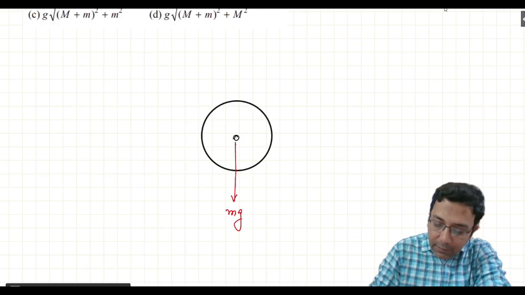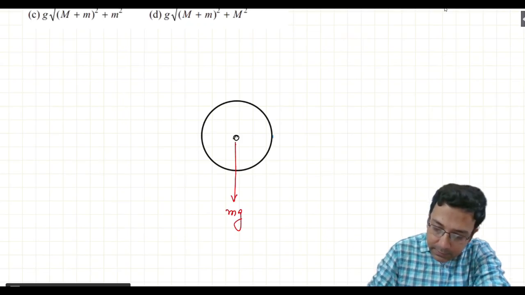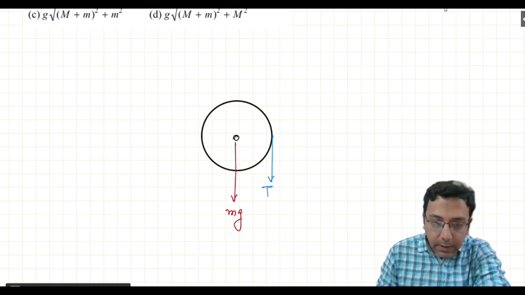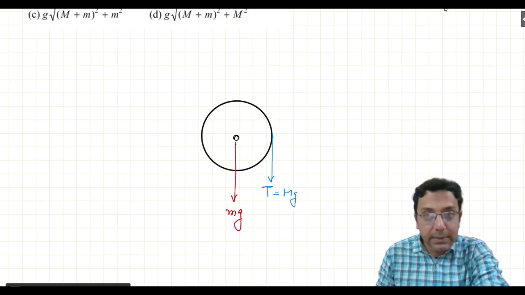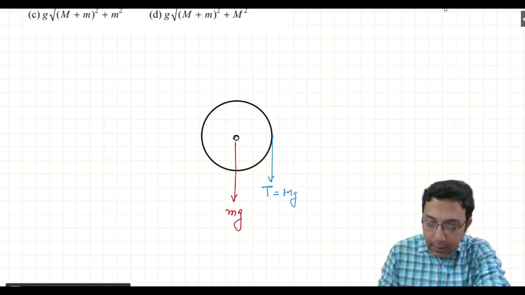Then we have a tension T, and this tension will be equal to capital Mg, that is the mass it is supporting.